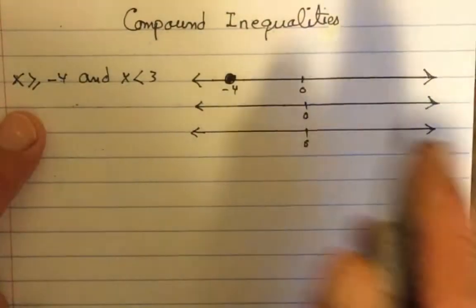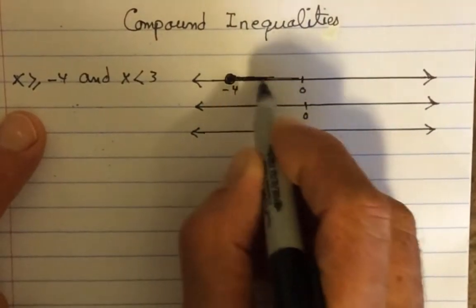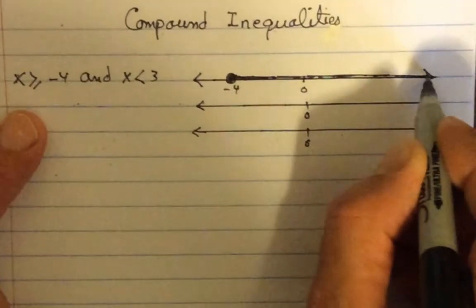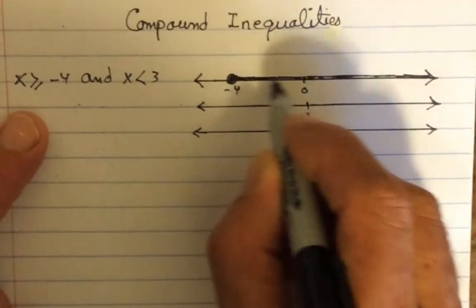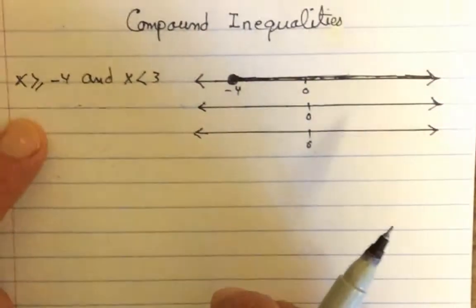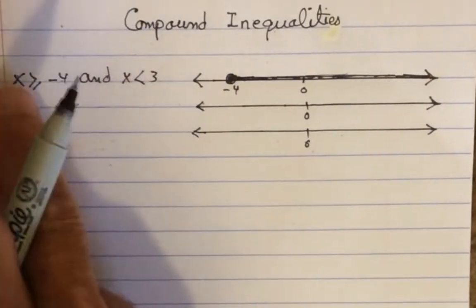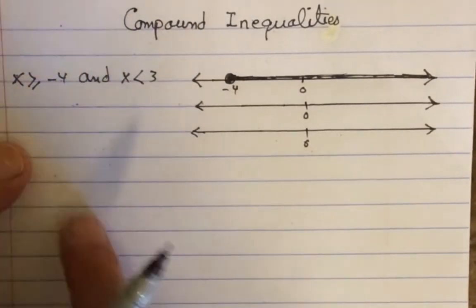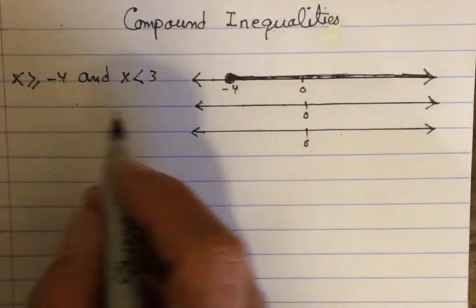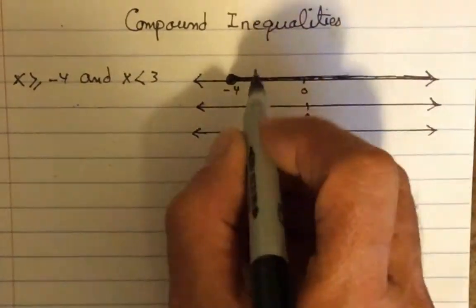Greater, we go to the right. So the solution is everything to the right of -4, including -4. The two inequalities together with the word "and", that's what we call a compound inequality. So this is the solution for x greater than or equal to -4.